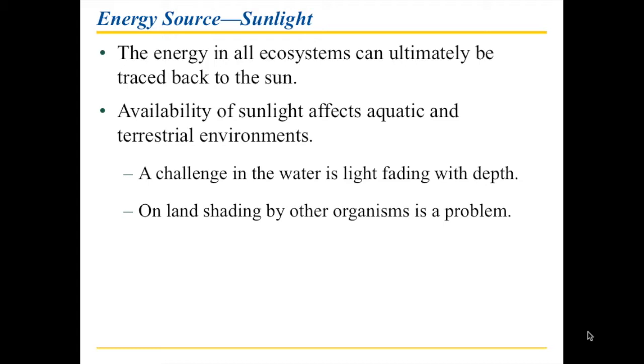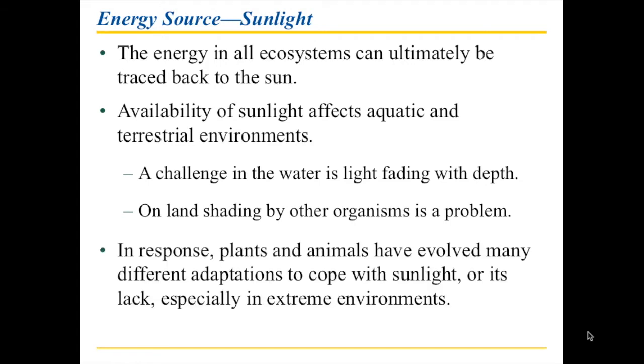When you're on land in the terrestrial environment, then shading could be a problem. Shading could be a problem, but also the lack of shade could be a problem. And so you can benefit from having a significant energy source such as the sun, but it can also be a problem. As a consequence, both plants and animals have all kinds of different adaptations that allow them to address this sunlight issue, especially when it comes to extreme environments.